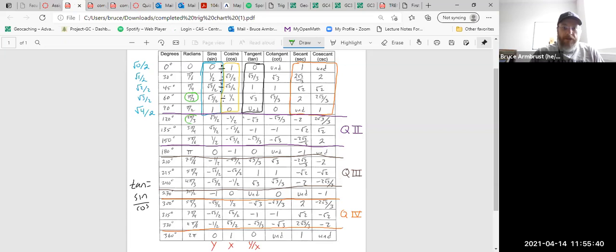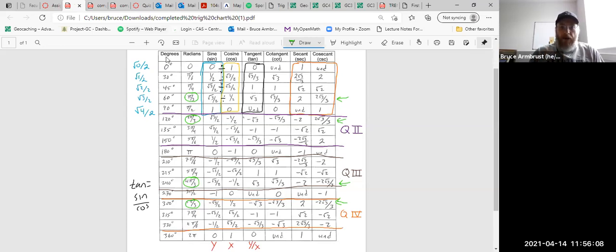If you look at the other ones that divide by 3, so 2 pi over 3, 4 pi over 3, 5 pi over 3, and if you were to look at those rows, all of these rows look identical with the exception of the pluses and minuses. So all we have to know is what's the pattern in the different quadrants.